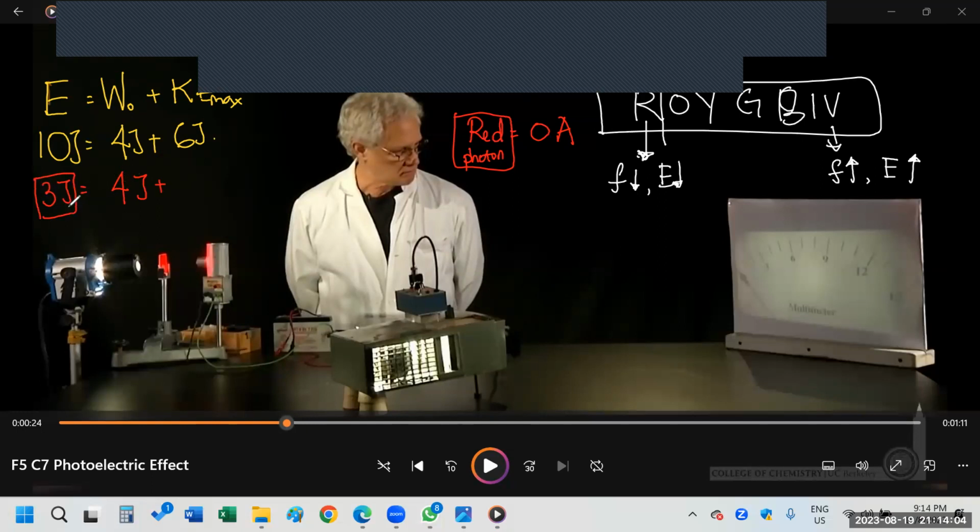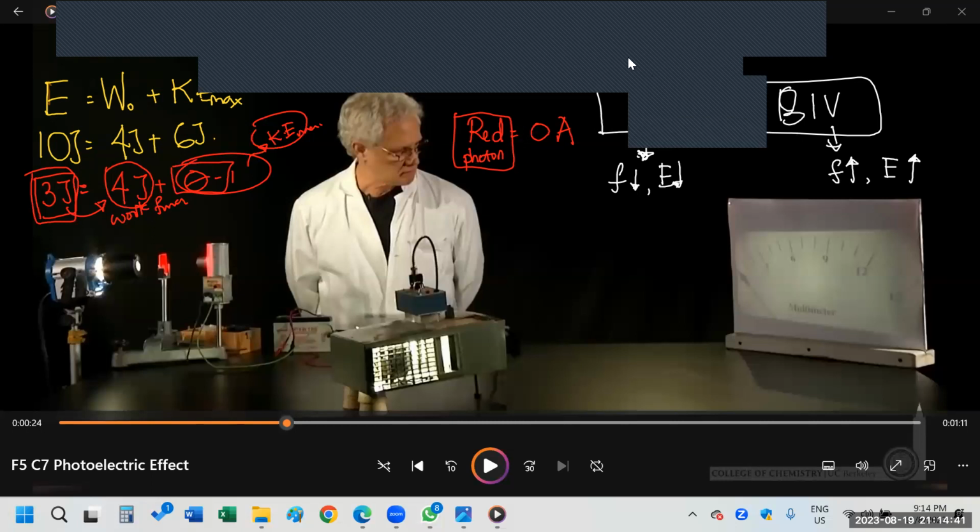Because 3 joules is not enough to overcome the work function, that's why no electron escapes. So actually this is 0. You may say it's negative, meaning no energy, not enough energy for the electron to escape. Okay, so remember, red always does not have enough energy for the photon to make the electron escape.